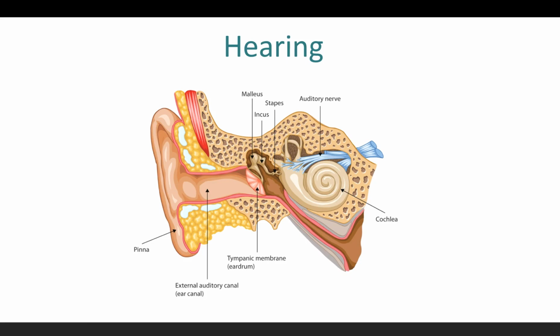And then the vibrations cause the oval window, the membrane covering the opening of the cochlea, to vibrate, and then disturbing the fluid within the cochlea. And then the movements of the fluid inside of the cochlea bend the hair cells within the inner ear.